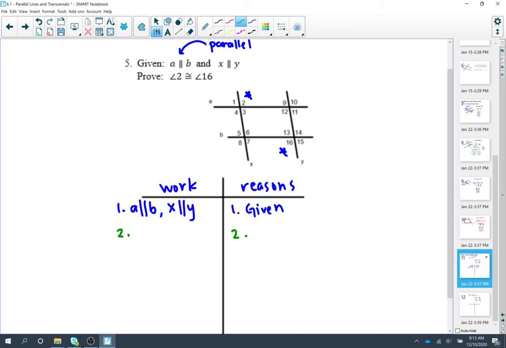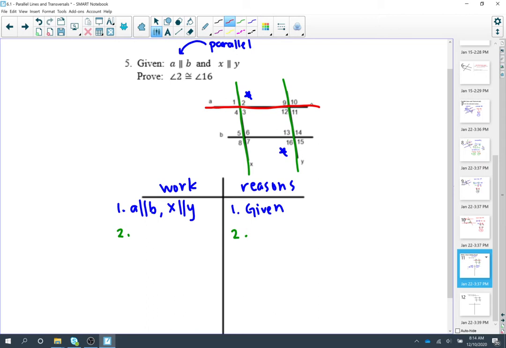Now, first things first, if I know that these two lines are parallel, and I'm just kind of focused on number 2, if you're doing parallel lines cut by a transversal, here's your parallel lines, and your transversal, if I'm trying to get to number 2, is right here. Do we notice that 2 and 16 are not touching the same transversal?